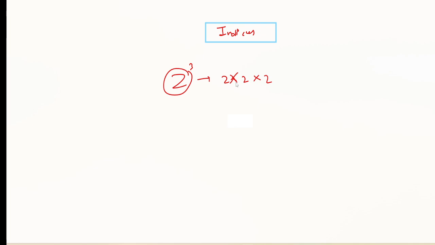Base is the number that is getting multiplied by itself. And this is the exponent. Exponent tells us how many times the number is multiplied by itself. So 2 is multiplied 3 times by itself. Okay, so this is base and this is exponent or power. So if I say a raised to power 4, this means a is multiplied by itself 4 times.